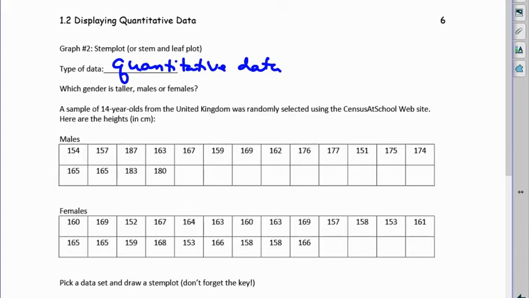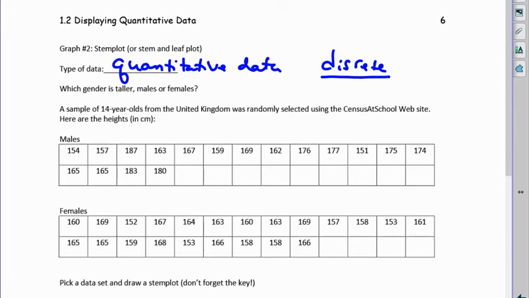And so we want to decide if one of these genders is taller. Is it males or females? And stem plots are very good at helping us compare something like that, especially if we do the back-to-back. And again, this is also for discrete data because you've got to have individual points.